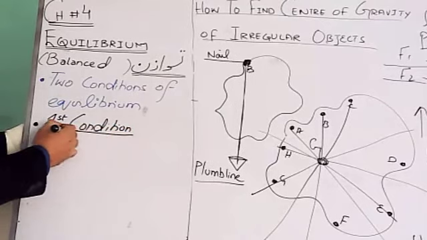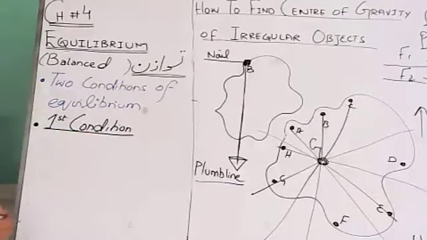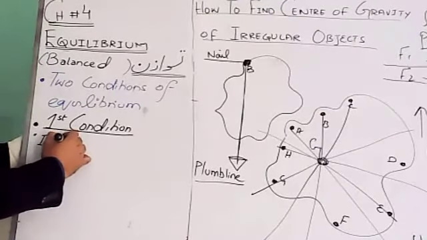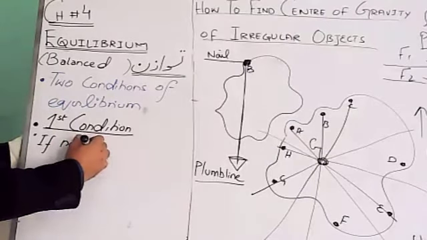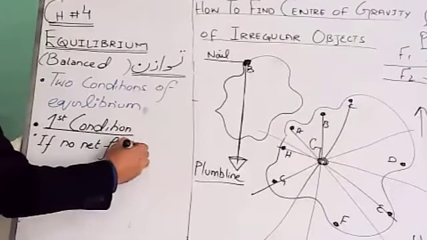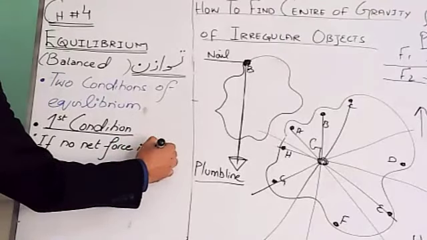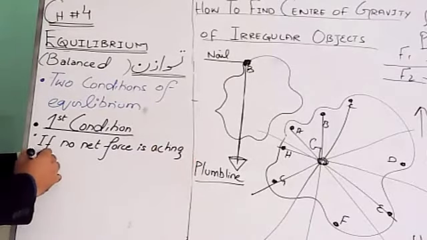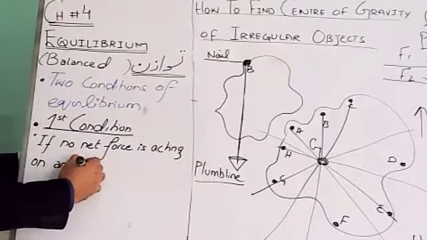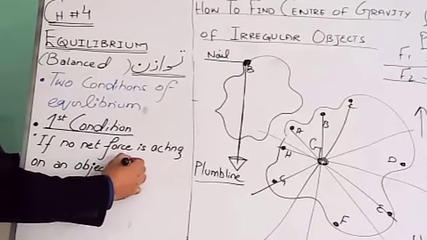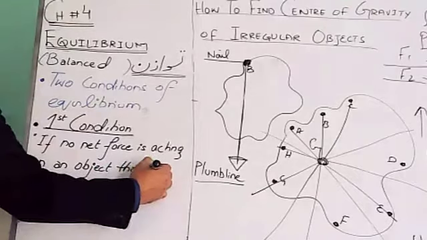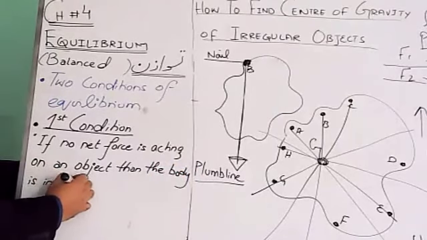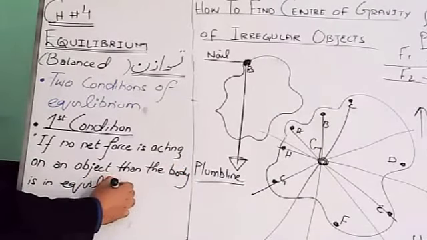What is the first condition of equilibrium? The first condition is: if no net force is acting on an object, then the body is in equilibrium.